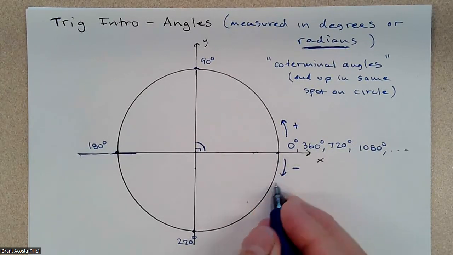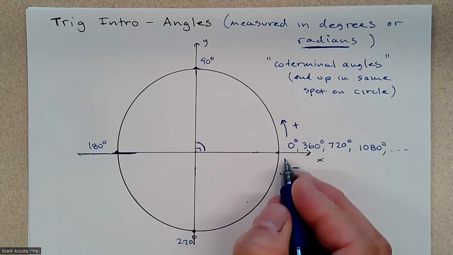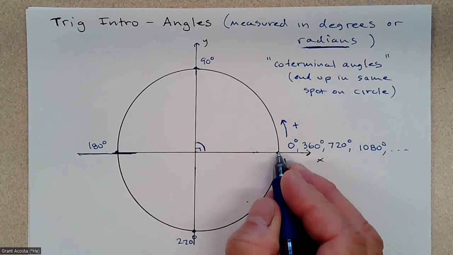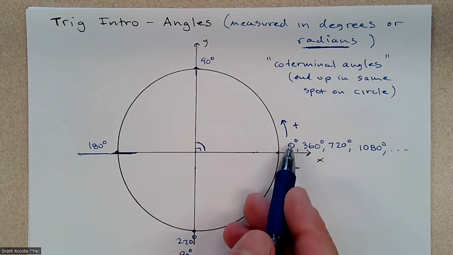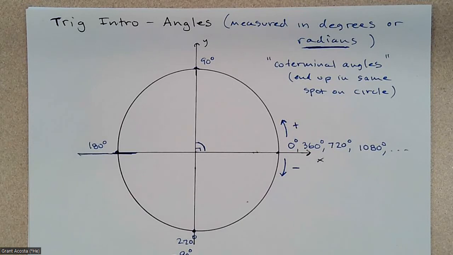I talked about negative angles. Most of the time we'll do positive, but for example, if we were to start at 0 and rotate negatively 90 degrees, we could say that 270 degrees is coterminal with negative 90 degrees, because that would put you in the same spot on the circle. But again, most of the time we'll go with positive angles.